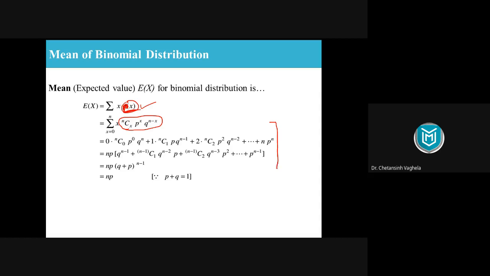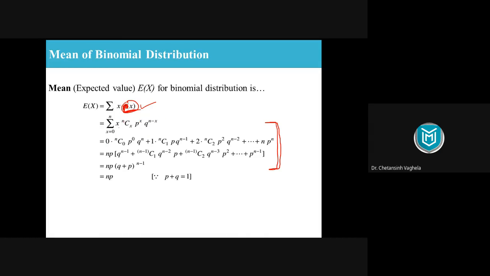We are not interested in that particular simplification because none of the faculty is going to ask you for the proof that the expected value is n into p. But if anyone is interested in what I have done here, it is a very simple thing. In the summation I have run the value of x. First I took x equals 0. If I take x as 0, then the first value will be 0 into anything, so it will be 0.